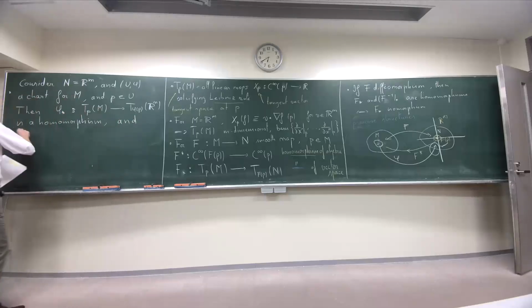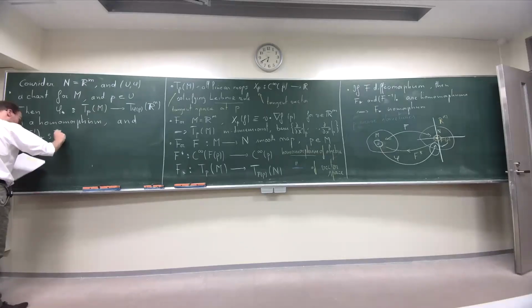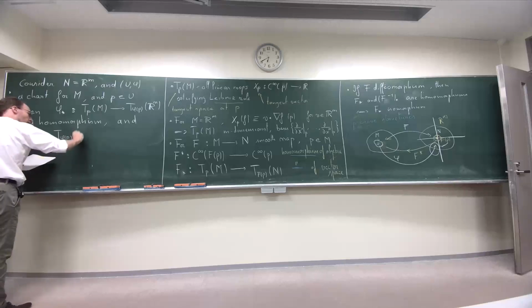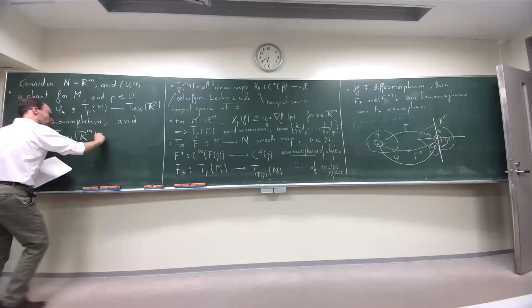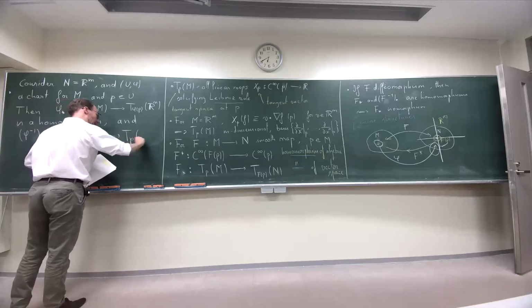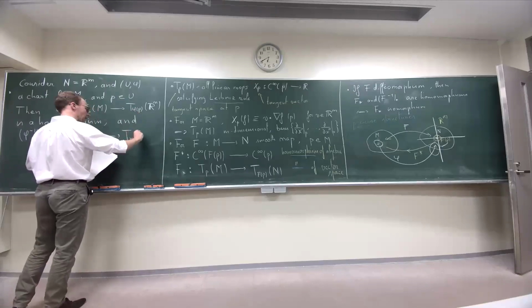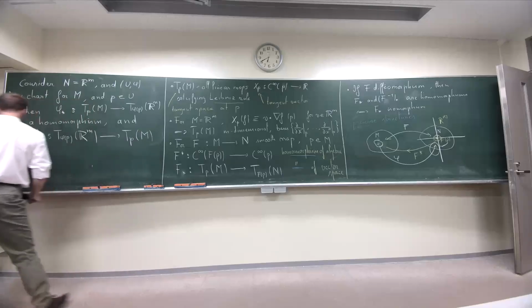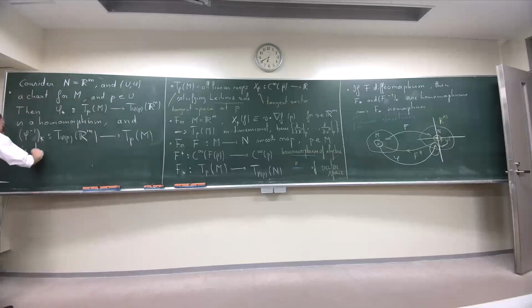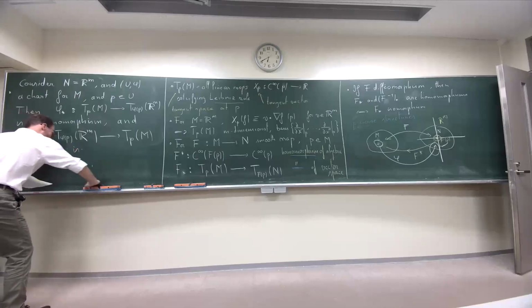And phi minus 1, so the inverse, now from T phi of P of Rm to Tp at M is also a homomorphism.